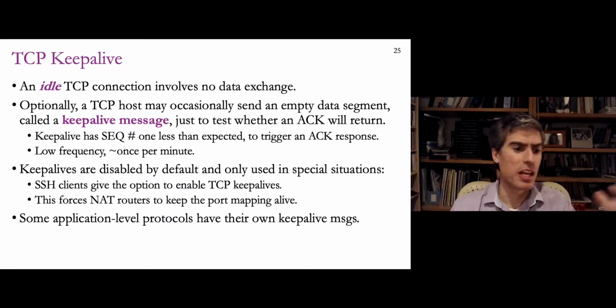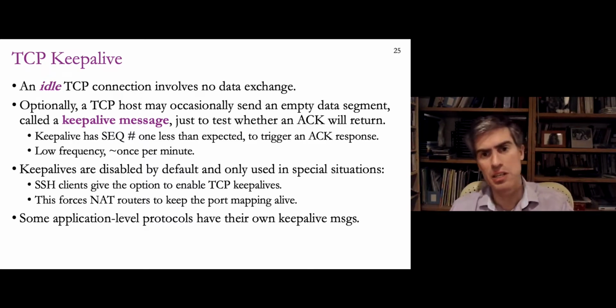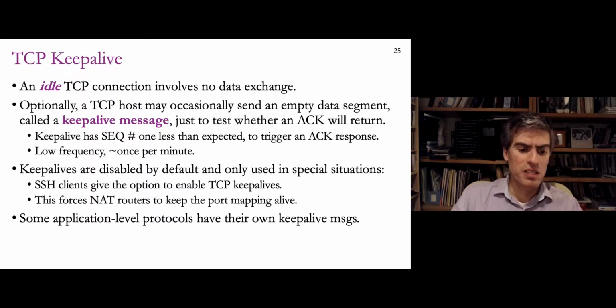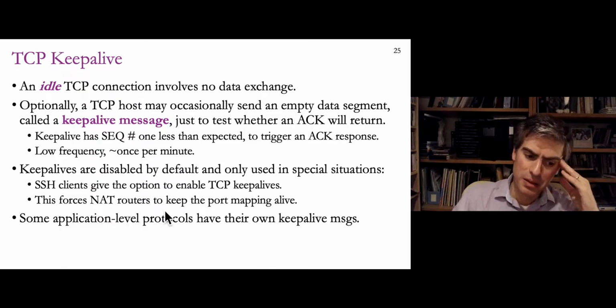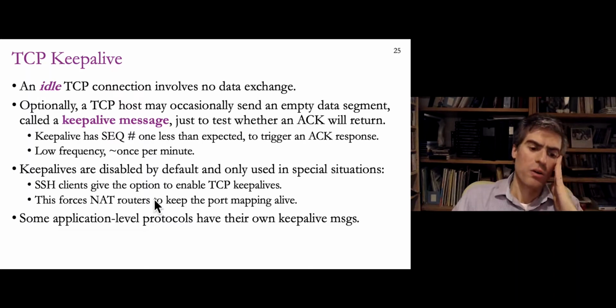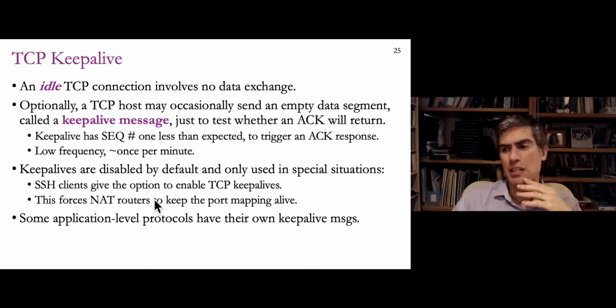They know that they've acknowledged everything that was transferred so far. They're ready to send new data. They know what next sequence number to expect, what next acknowledgement to send, but they're not sending anything at the moment. Because there are these middle boxes, for example, NAT routers, that block traffic that is unexpected.